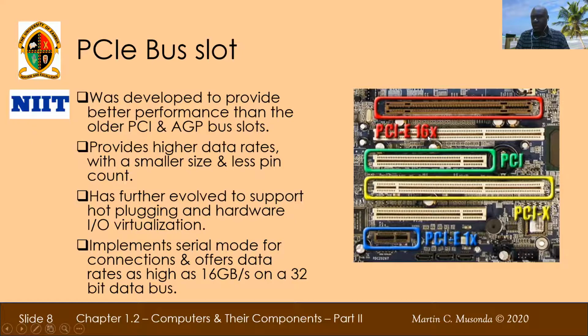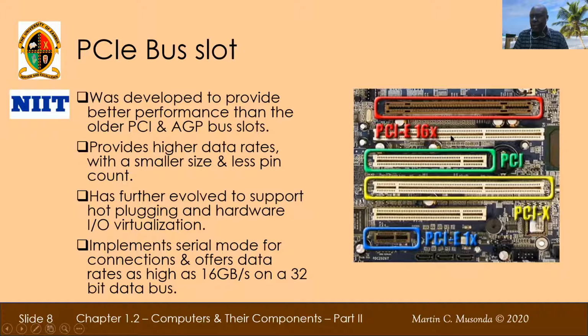It comes in different versions. There are those which are very small, those are called PCIe 1X. But for things like video cards or graphics cards and some other cards which require more speed, they are bigger, they are longer cards like this one.